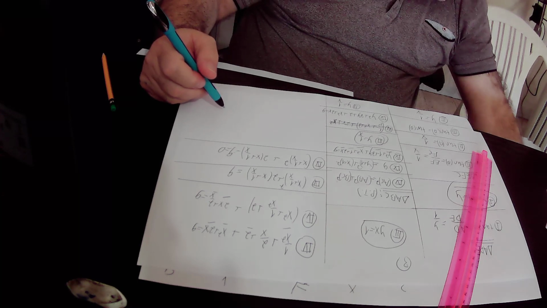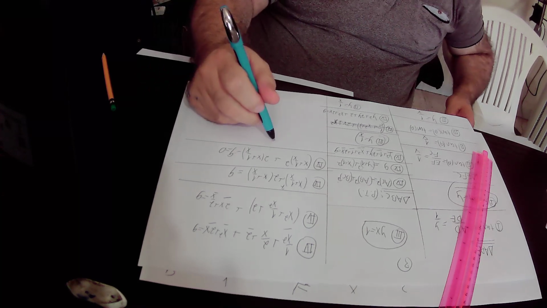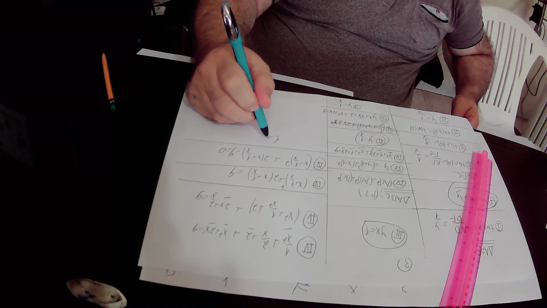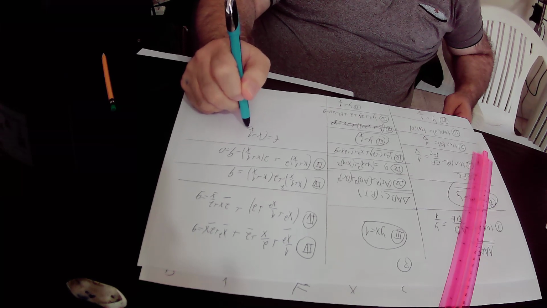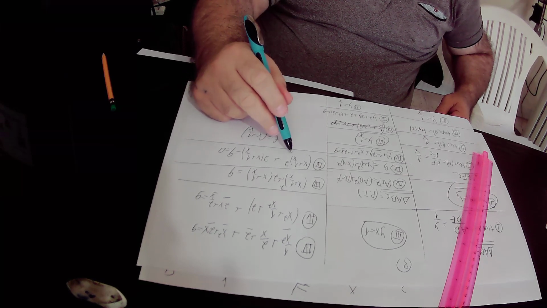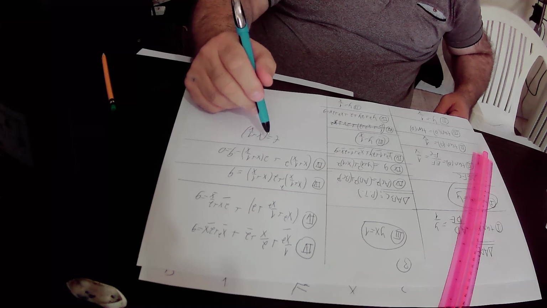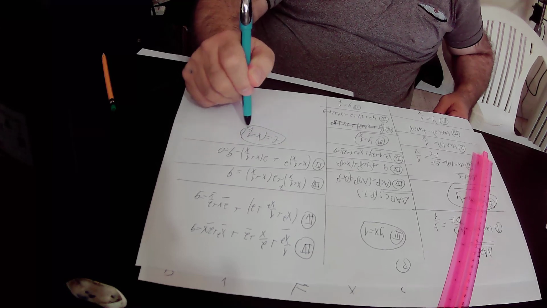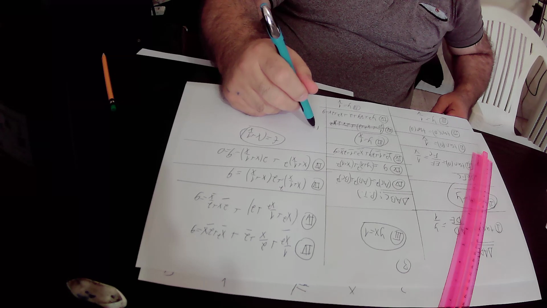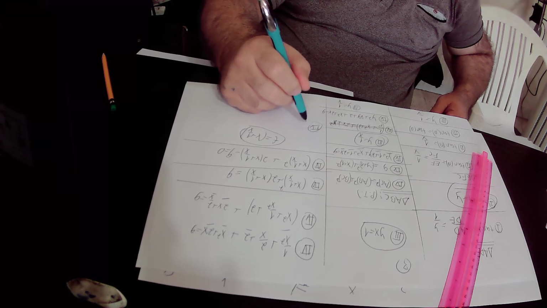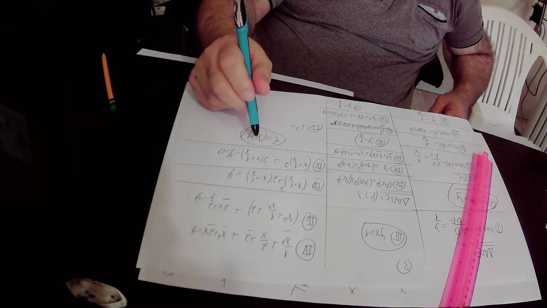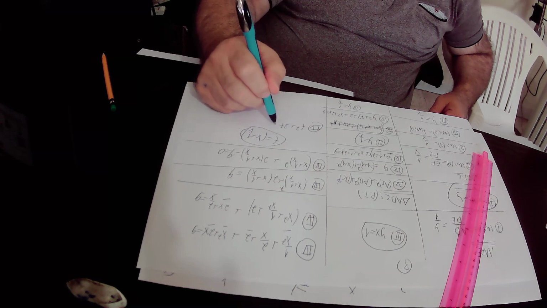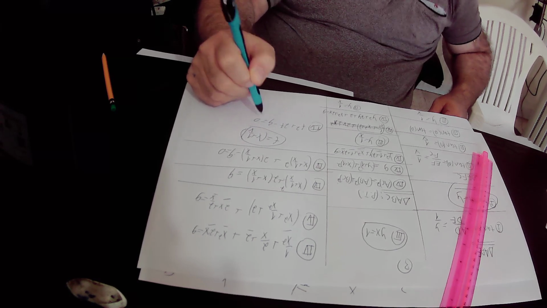Here we will define t as x plus 1 over x. So we will substitute x plus 1 over x in equation number 4 by t, and we will get here (x plus 1 over x) squared is t squared, plus 2 times (x plus 1 over x) is 2t, minus 9 equals 0.